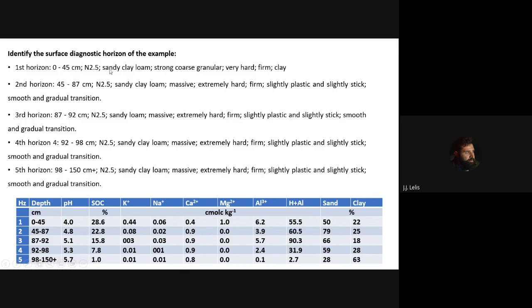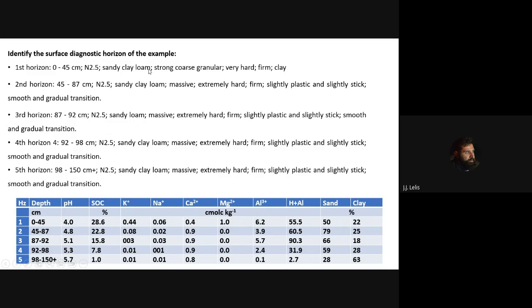The texture of this horizon is sandy clay loam. So it presents a higher content of sand, we can see here, but it presents a high content of clay, even higher than 15%. And because we have a mix of sand and clay, we have a sandy clay loam.